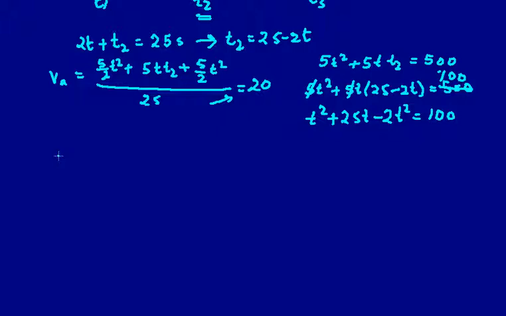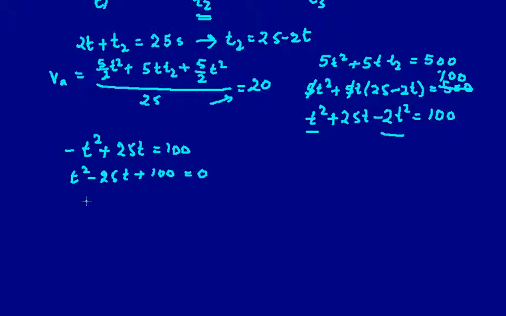So rearranging the terms and combining t square and minus 2t square, we get minus t square plus 25t equal to 100. So rearranging the terms, the equation would be t square minus 25t plus 100 equal to 0. So using the process of factorization, we see that 100 can be established as the product of two numbers, 20 into 5.